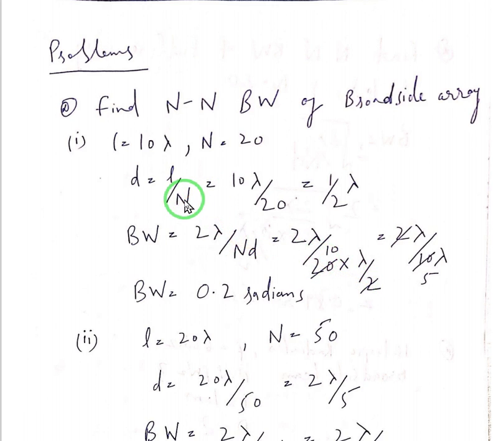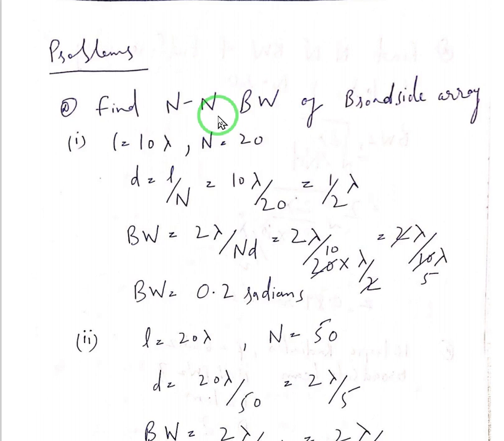First problem is we have to find the null to null beam width of the broadside array. I've told you that null to null beam width is the distance between the maximum radiation pattern, or the center radiation pattern which has the maximum value.